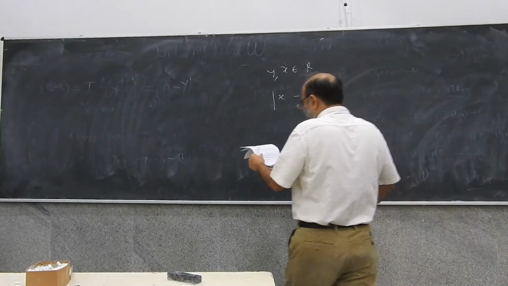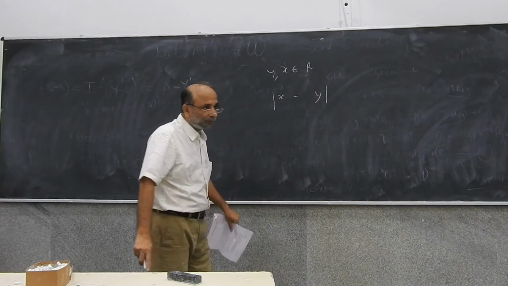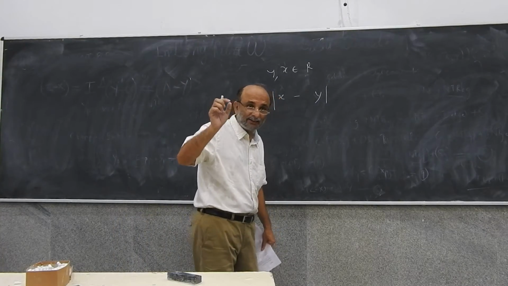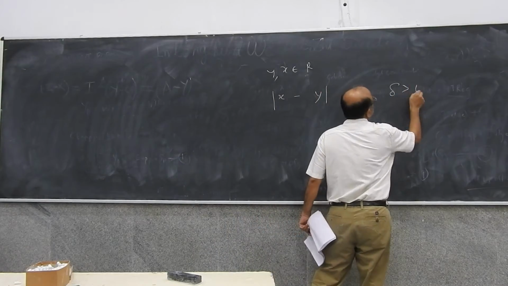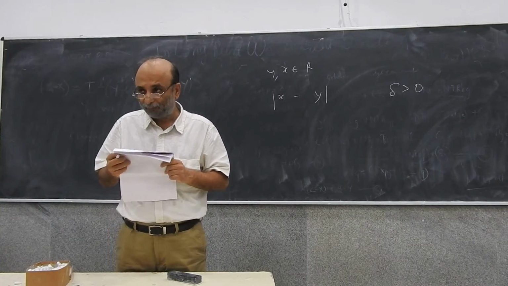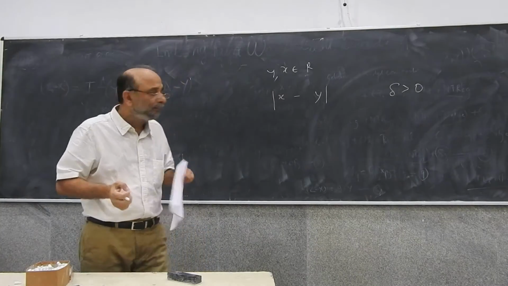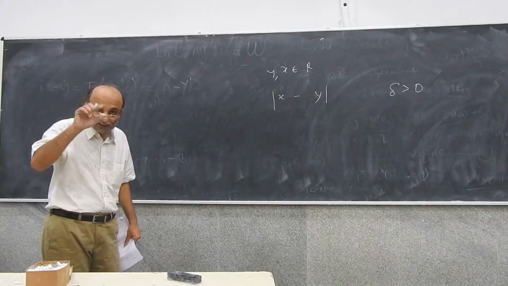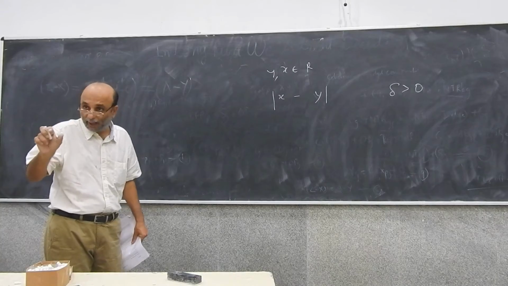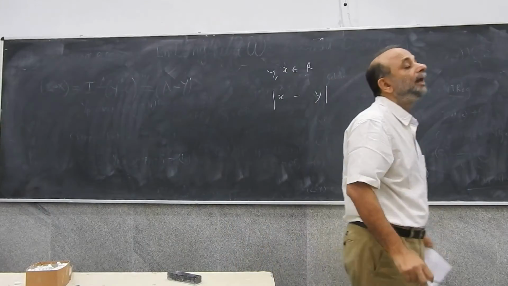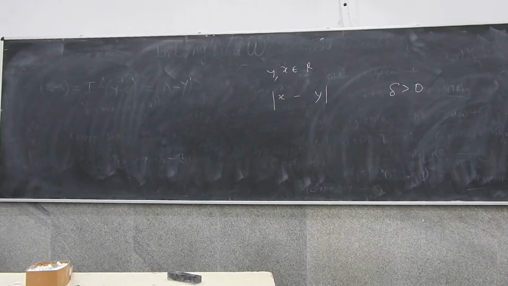And if you think of all the y's which are at a distance less than some quantity delta greater than 0, and you want to describe the set of y's which are at a distance less than delta from x, how would you describe that set?